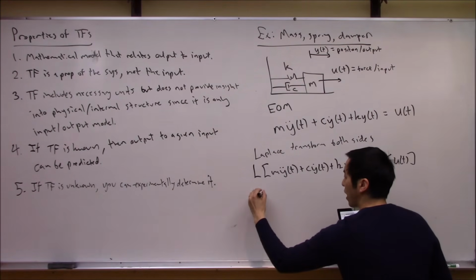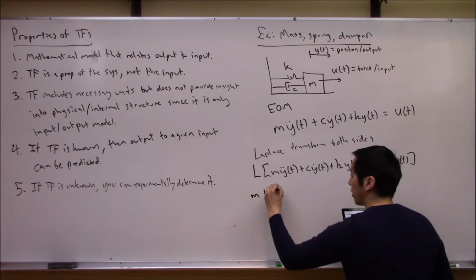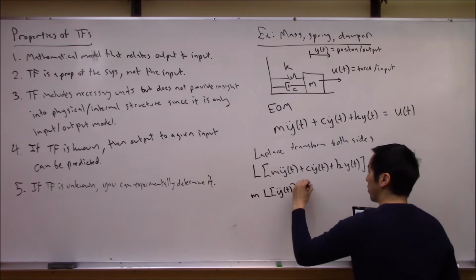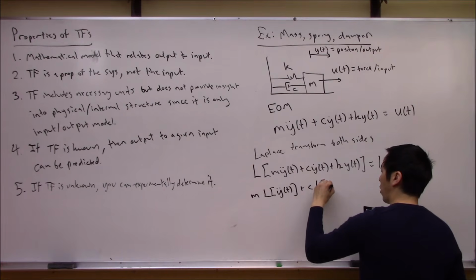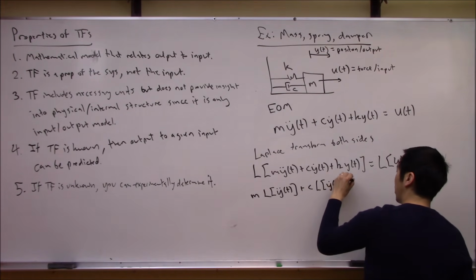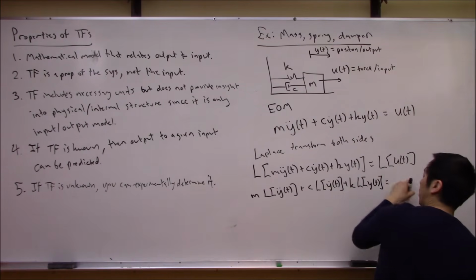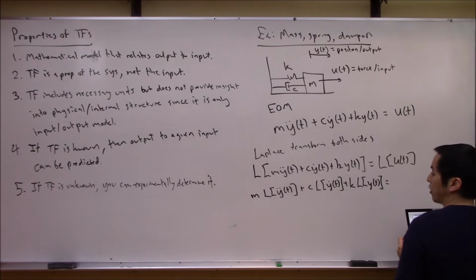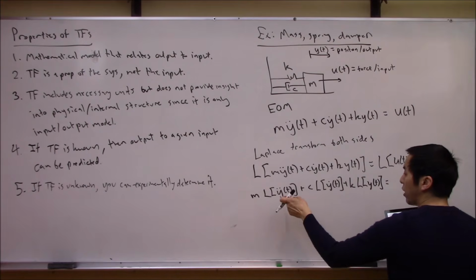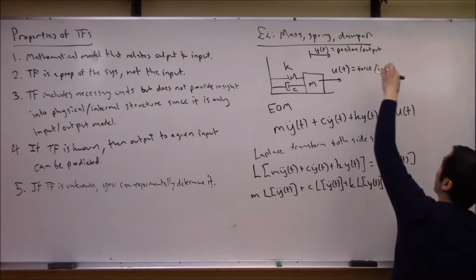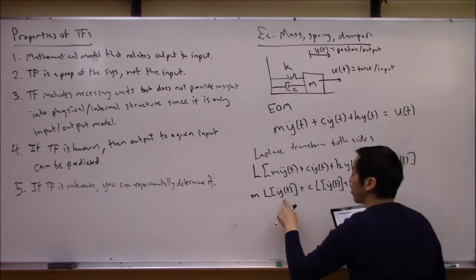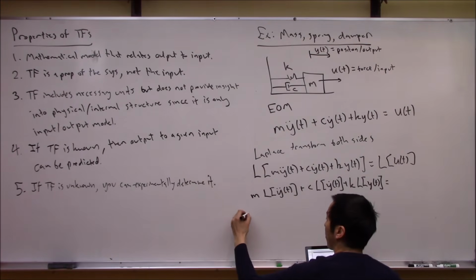So I can write this as m times the Laplace transform of y double dot of t plus c times the Laplace transform of y dot of t plus k times the Laplace transform of y of t is equal to, let's leave the right-hand side, I'm not too concerned about that yet. And now, well, crap. Unfortunately, I just erased the differentiation theorem, but I think we can remember it from memory.